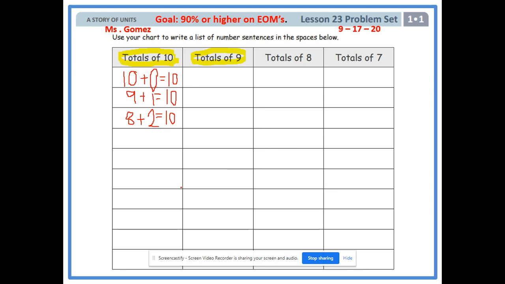Then we also have next 7 plus 3 equals 10. What's the next one? Can you tell me? Yes, 6 plus 4 equals 10.